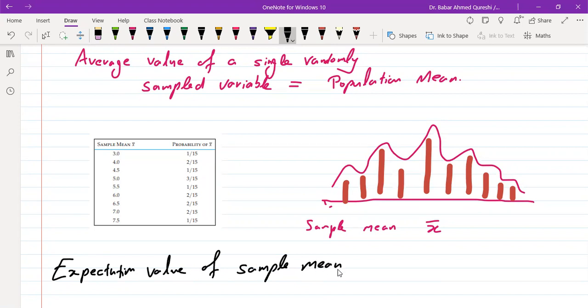Some people just call it, to be cheeky, mean of the sample mean. Some people call it average of the sample mean.